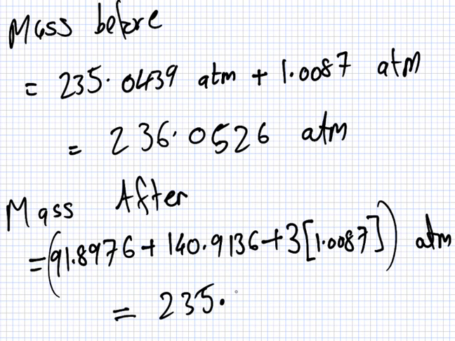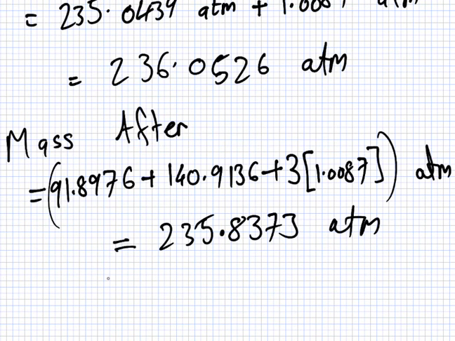You have to be very exact here. 8373 atomic mass units. Therefore, the lost mass is equal to this number minus this number. What's that?